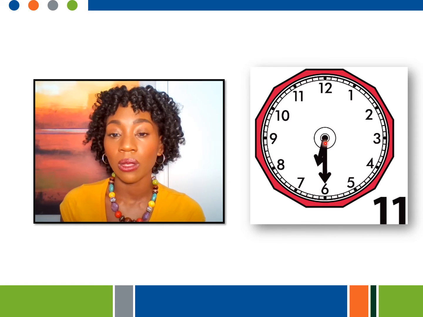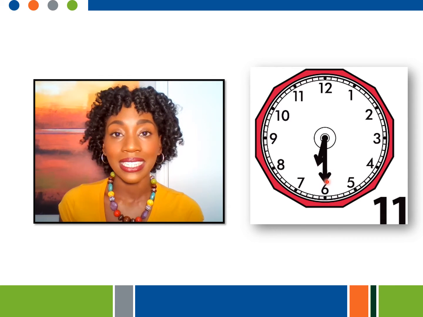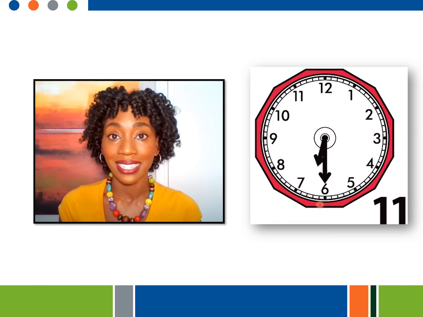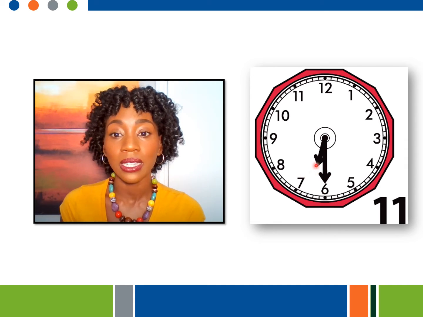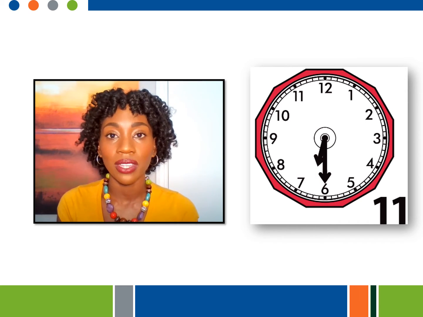And we see that the long hand is on the 6, which means 30, which means half past, right? So we can say 6:30, or we could say half past 6 because that hour hand is halfway up to 7. So let's go ahead and keep going with our date.